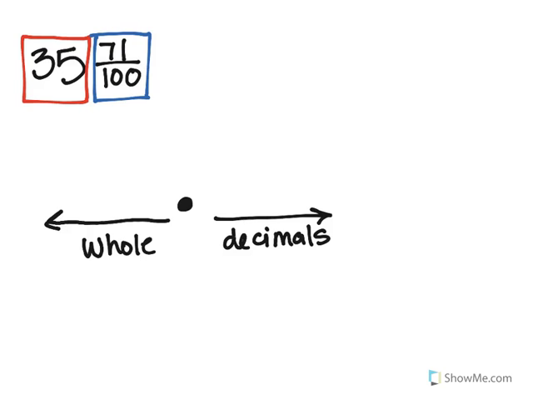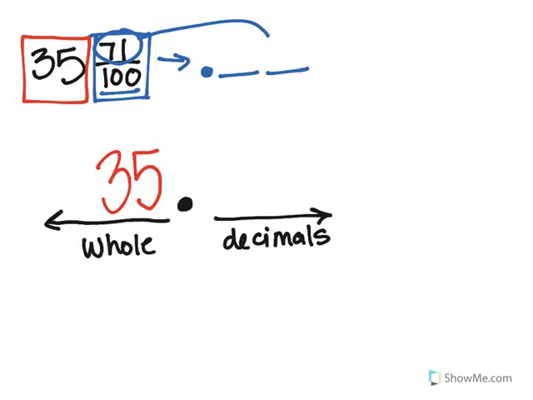So now what I do is I don't have to change anything about my whole number. It's perfect. So I put it on the side of the wholes. My fraction I do have to change. I have to change it to a decimal. So I can tell I'm in the hundredths place because of the denominator. So I put my decimal and I draw a line for my tenths place and draw a line for my hundredths.